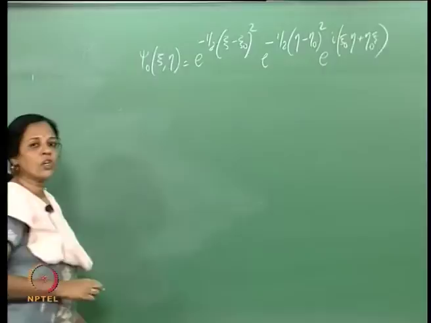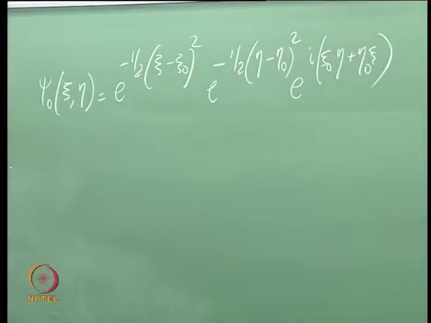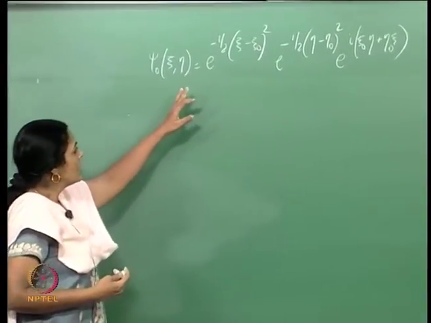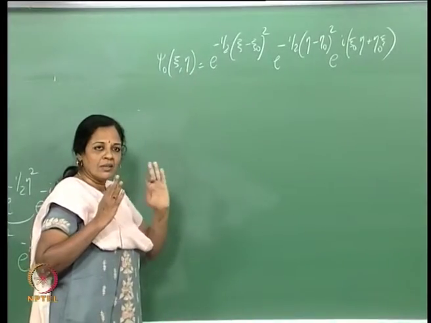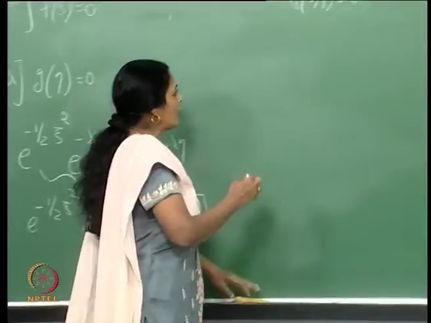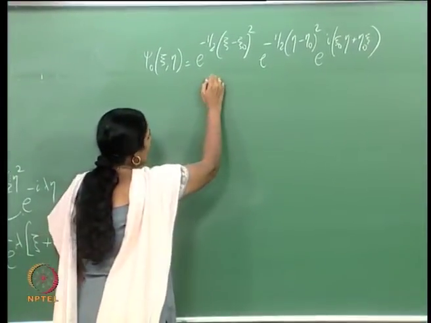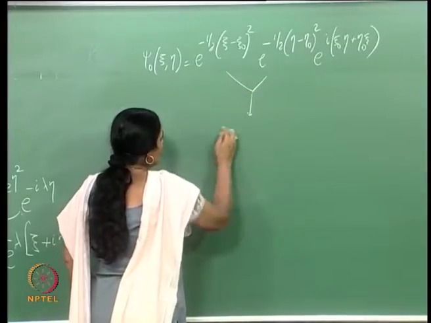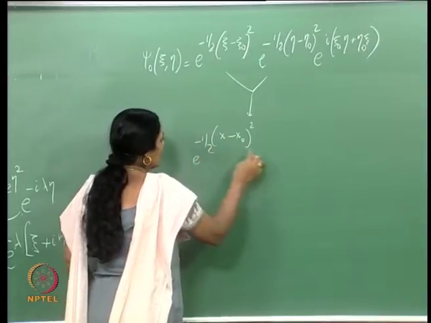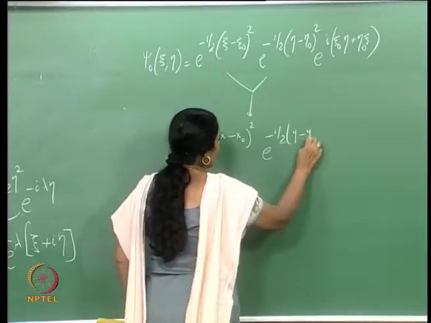Now a variety of comments can be made on the solution. First of all, since this is what comes out of the xy plane, because you will recall that zeta and eta were functions of x and y, it would essentially involve x minus x naught the whole squared and e to the minus half y minus y naught the whole squared.